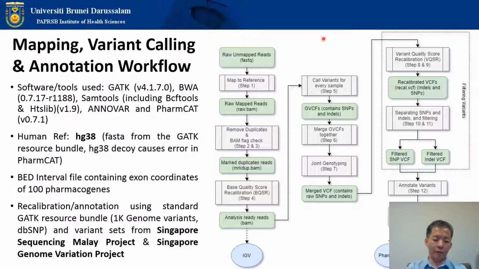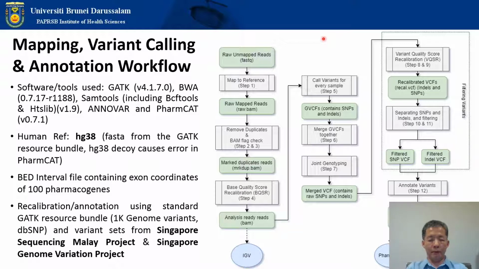And then for the recalibration and annotation of the variants in GATK, in addition to the resource bundles available from GATK, we also throw in the genotyping variants from the Singapore Sequencing Malay project and Singapore Genome Variation project.